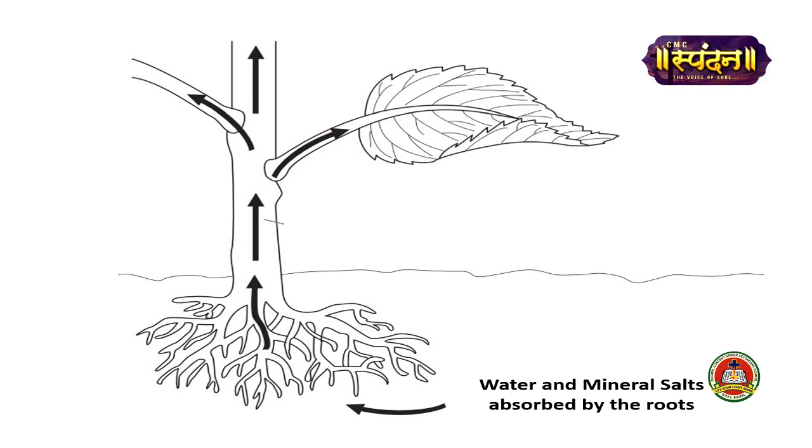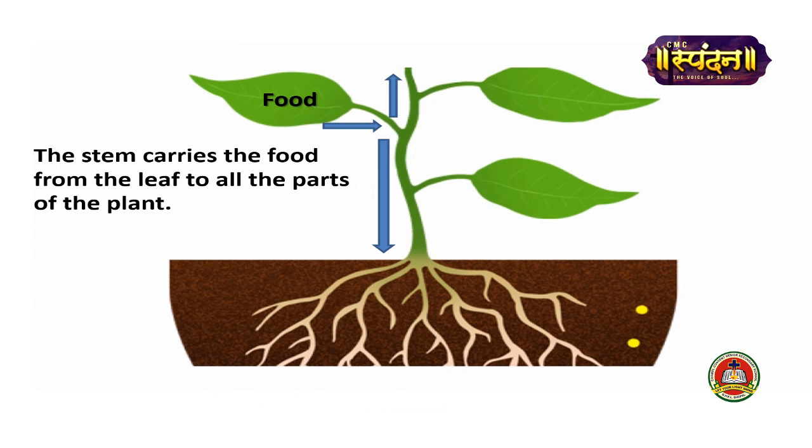Next point, the stem carries water and mineral salts absorbed by the roots to all the other parts of the plant. Next point, the stem also carries the food prepared by the leaves to the other parts of the plant.